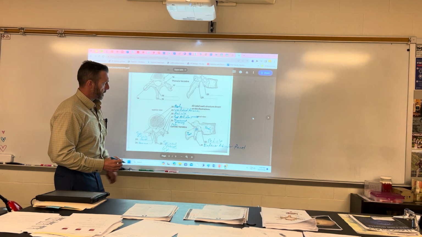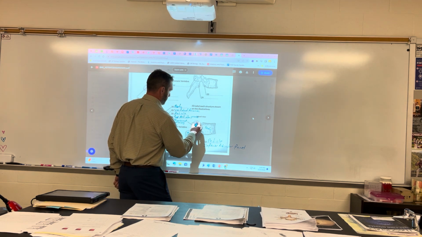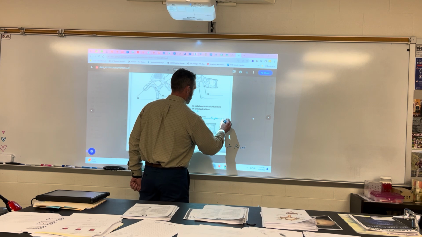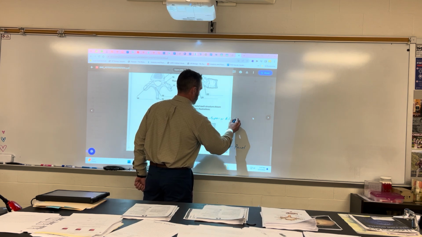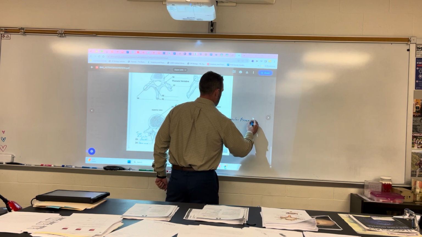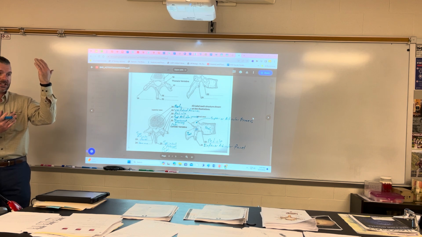Okay. Now let's talk about the superior articular process. Now, a process is a piece of bone or an arm of bone that sticks out.